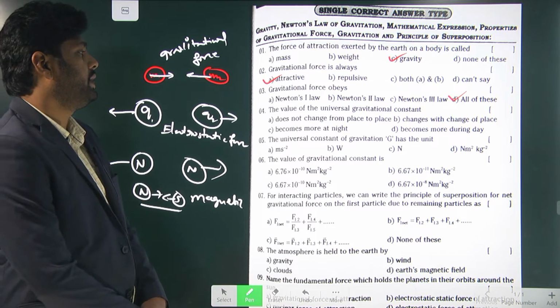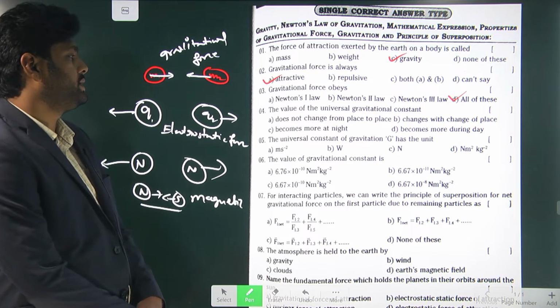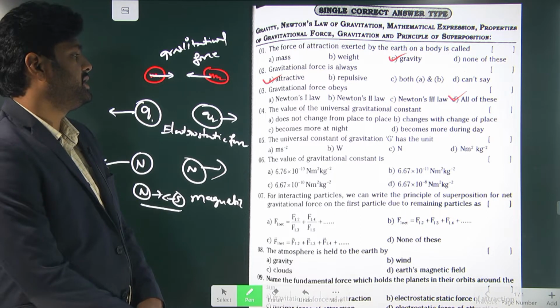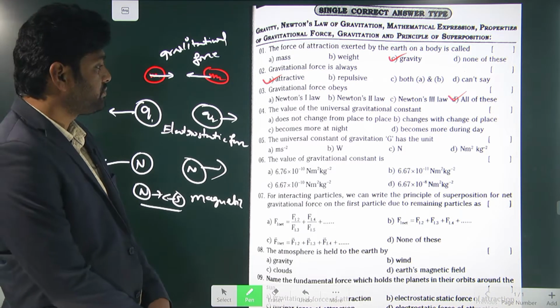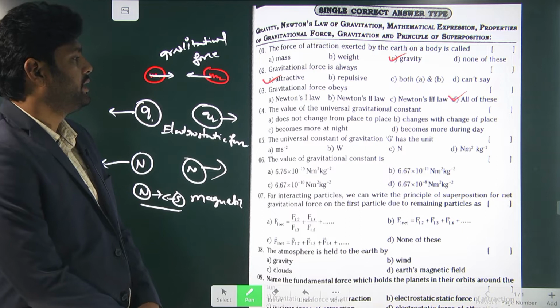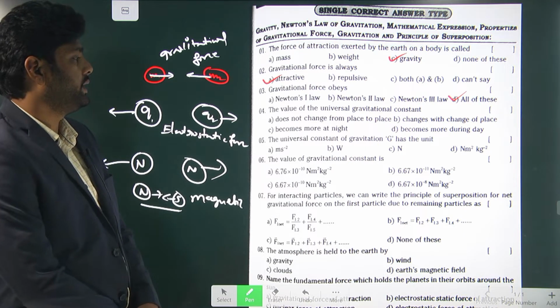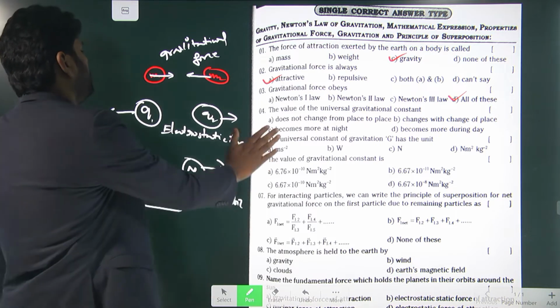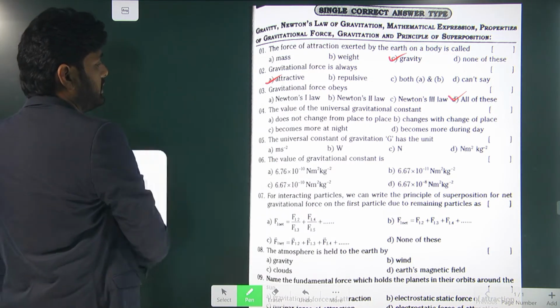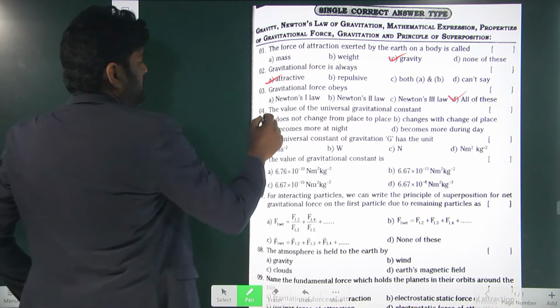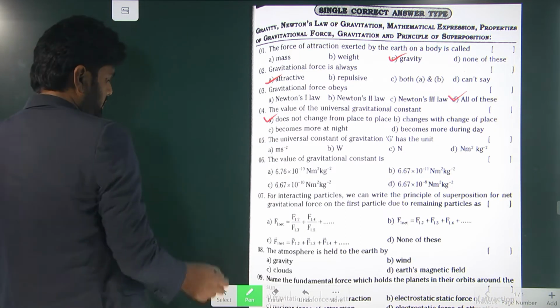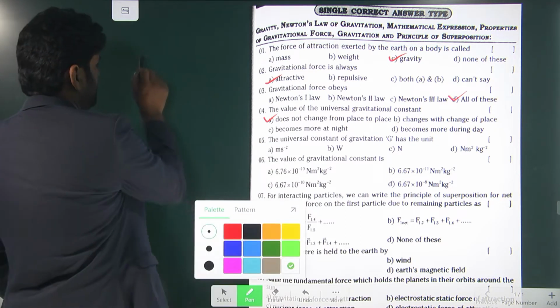The value of the universal gravitational constant does not change from place to place. Or does it change with place, become more at night, more during the day? Option A: does not change. Can you tell me the value of G?